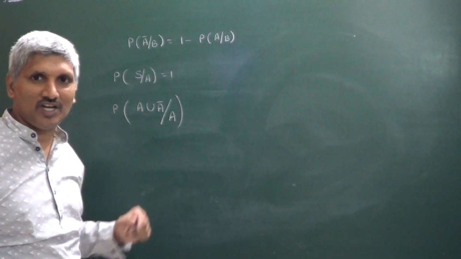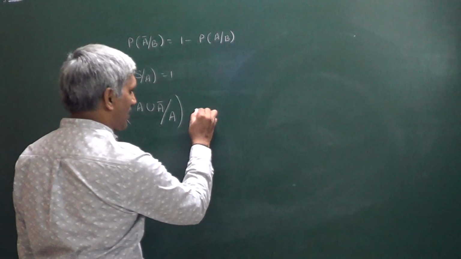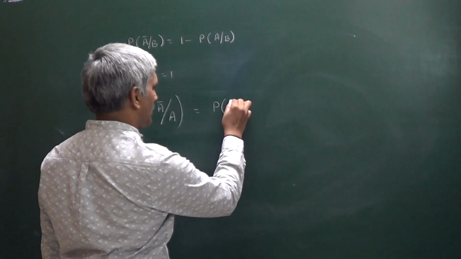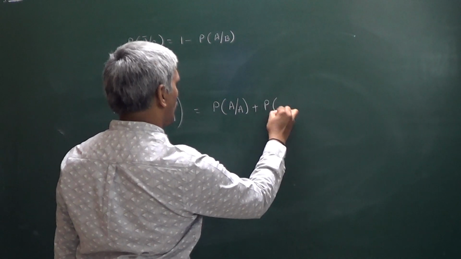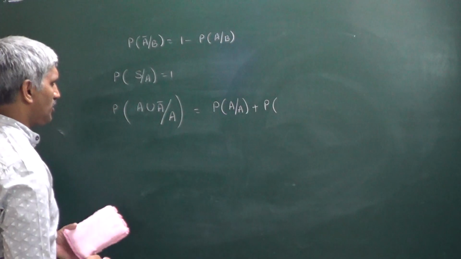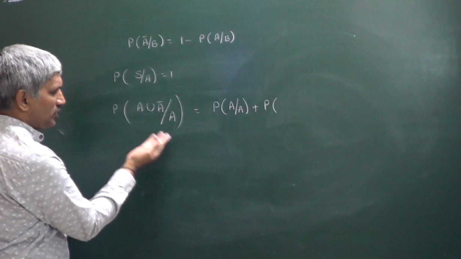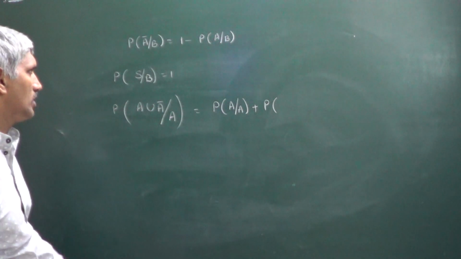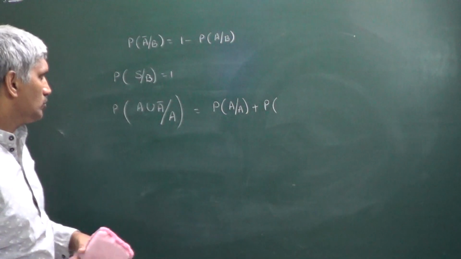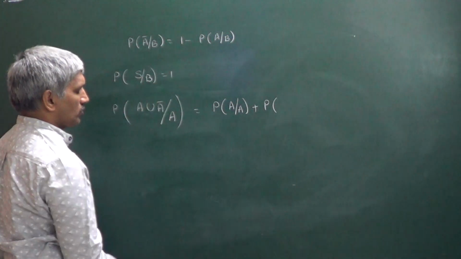When they are mutually exclusive, what can we write? Instead of writing this, it is better to write P(S|B) is equal to 1, because we have to prove this one.